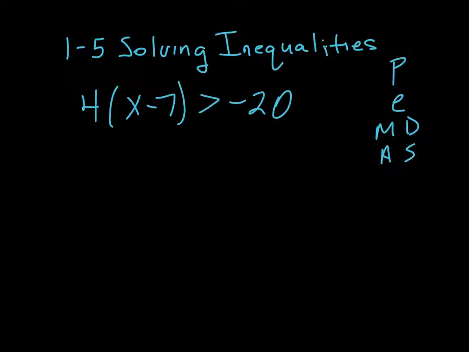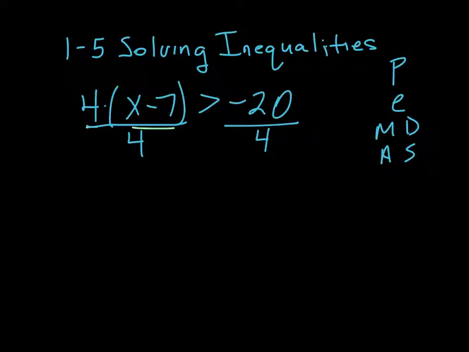As we begin here, I'm going to acknowledge that this is my variable in parentheses, and then I have a 4 being multiplied to it. So we get rid of that multiplication by the inverse operation of division. And of course, what I do to one side, I must do to the other.